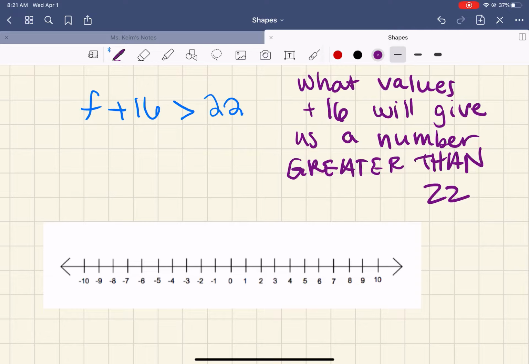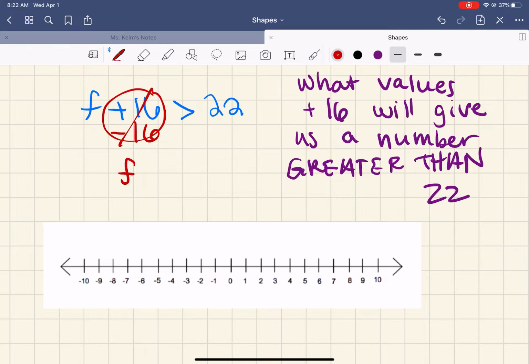There are many numbers. So we are going to rearrange this inequality so that we can clearly see what all of those numbers are. So on this side, we have f plus 16. So I'm going to do the opposite of adding 16. The opposite of adding 16 is to take away 16. Those will cancel and leave us with just f on this side.